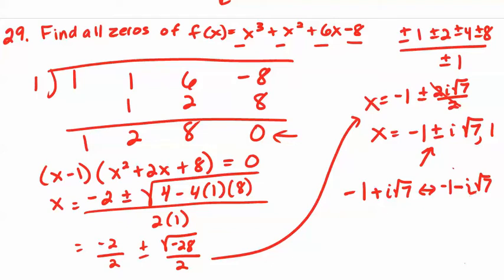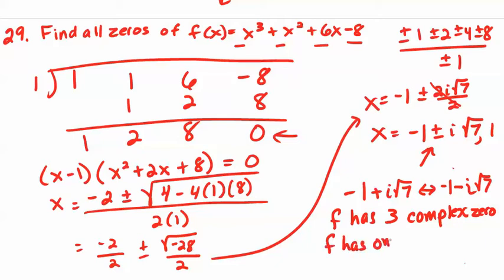Notice that these two are not x-intercepts, so we would say that f has 3 complex zeros. Remember that real numbers are also complex, but f has only 1 x-intercept. So the complex zeros do not give us x-intercepts.